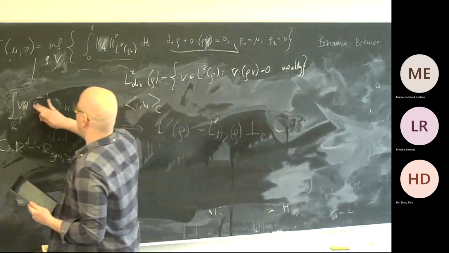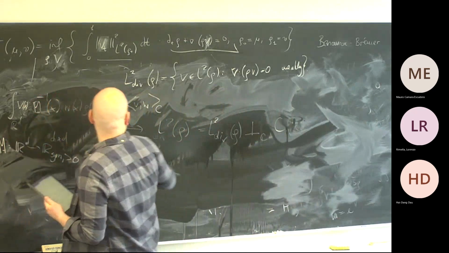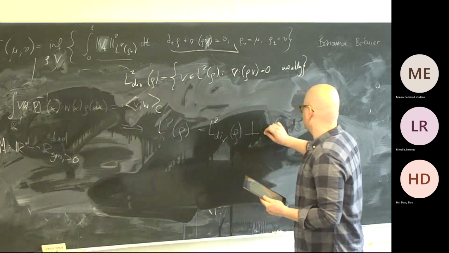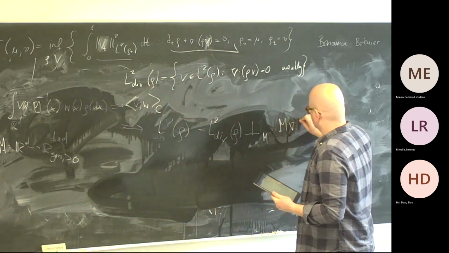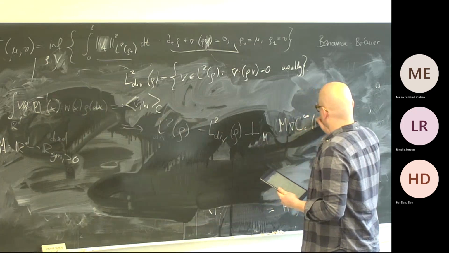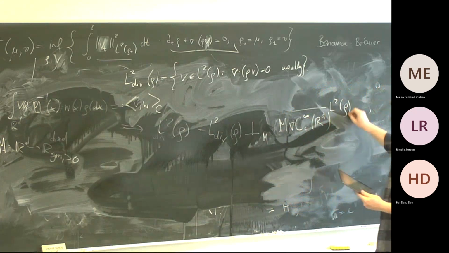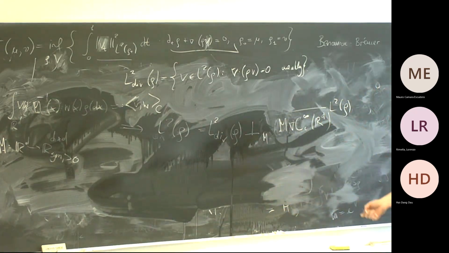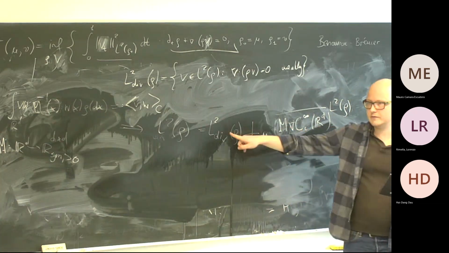I'm going to call this M. So we get a different space that is now orthogonal to this.